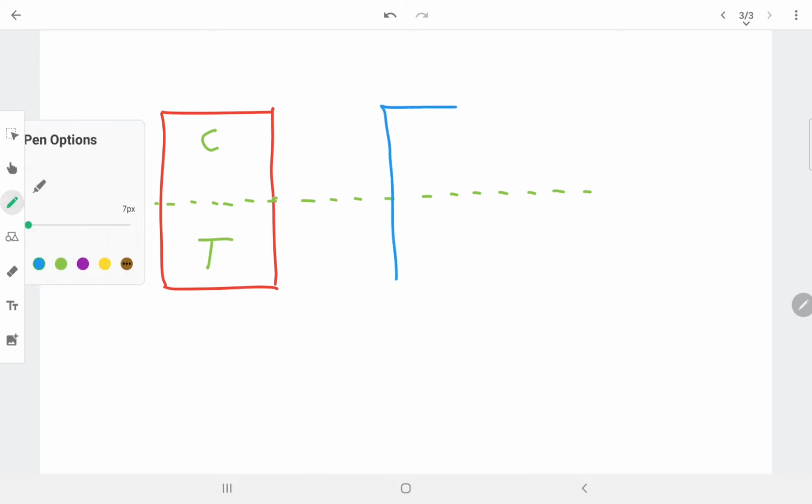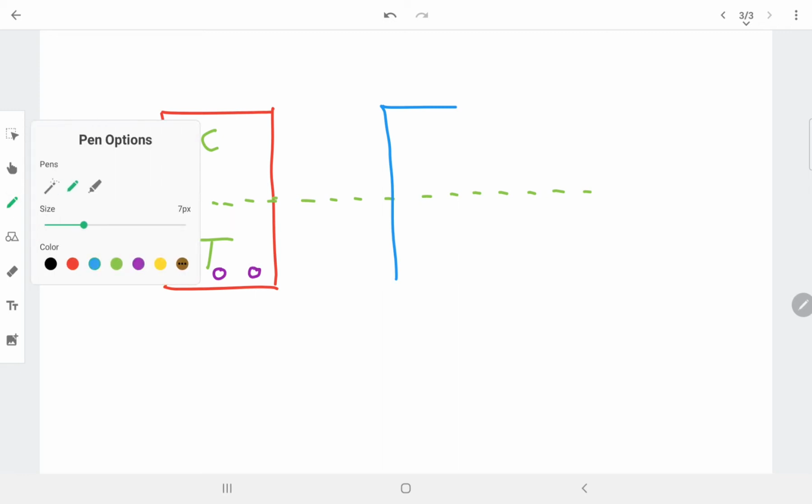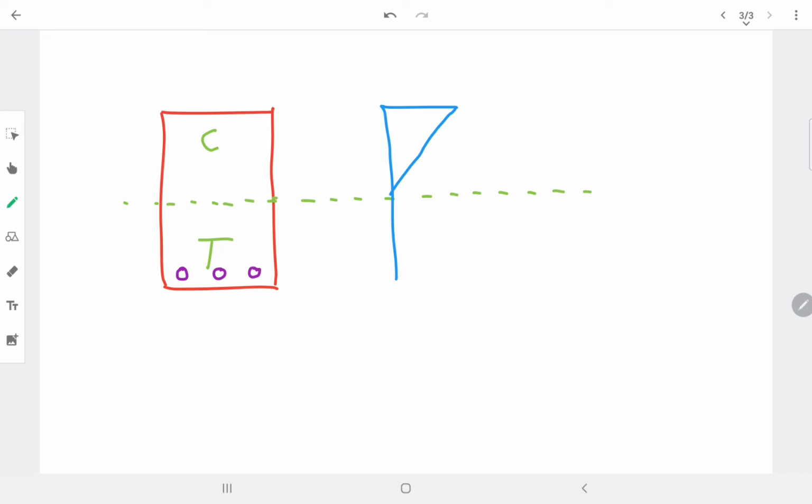Here we will be getting the reinforcements. Next, here this is the strain diagram of a beam.